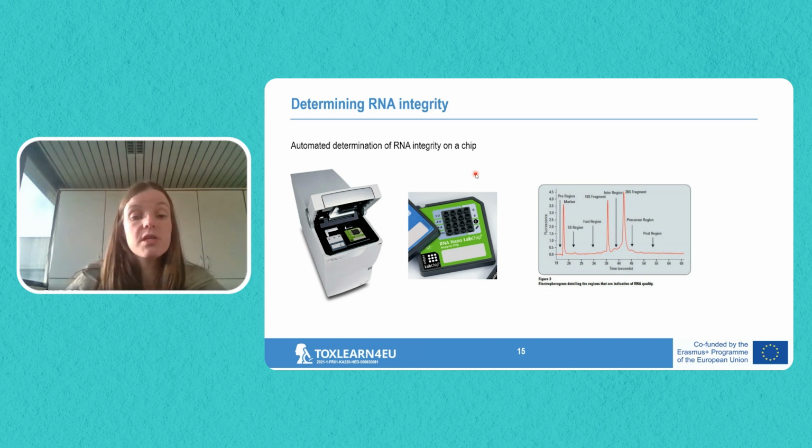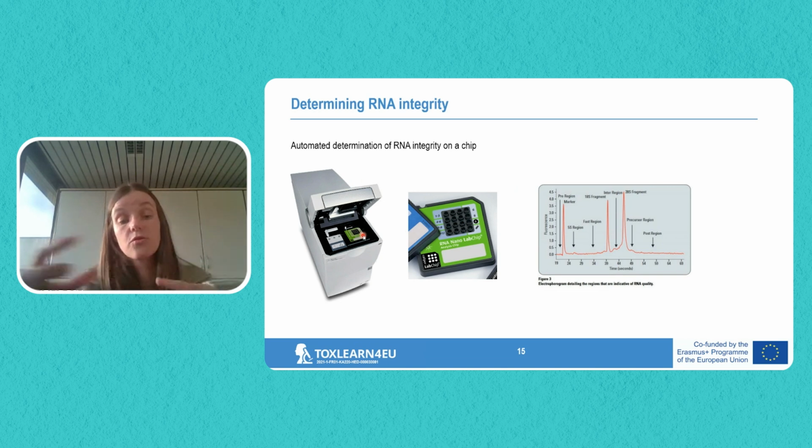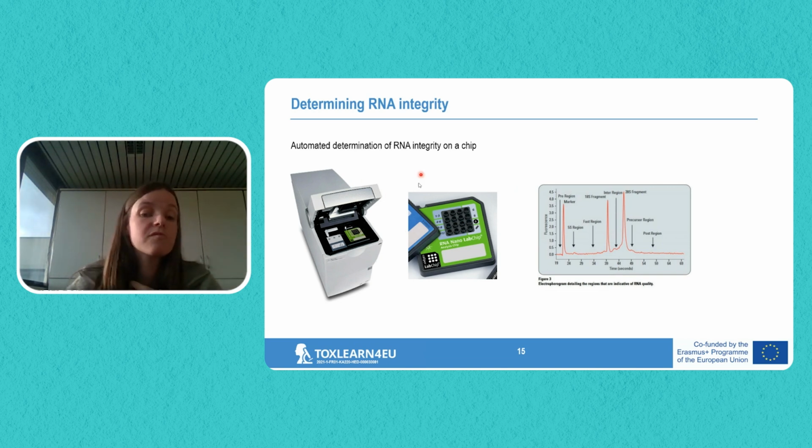So what you will do here is, in each of these little wells, you can load an RNA sample. This sample has also been mixed with a fluorescent dye that will bind to RNA. Then here you will close the lid of this device. It has little needles that will send a current through the chip, and basically the small version of gel electrophoresis is also performed within this chip.